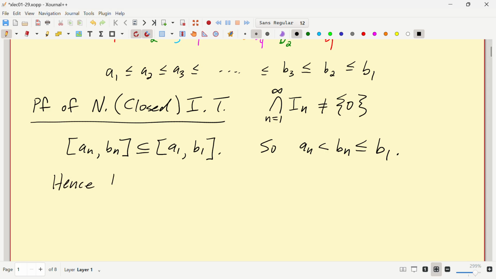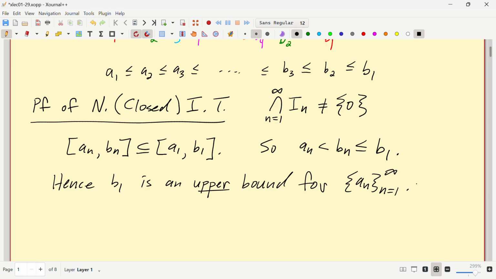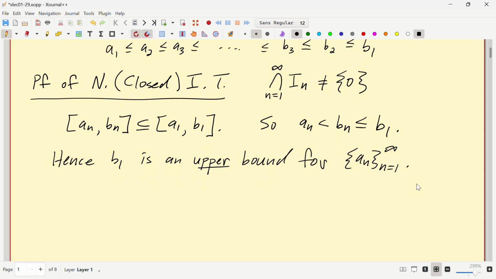Hence, B_1 is an upper bound for the set of all A_n's. A set that has an upper bound has a least upper bound. So that set has a least upper bound.